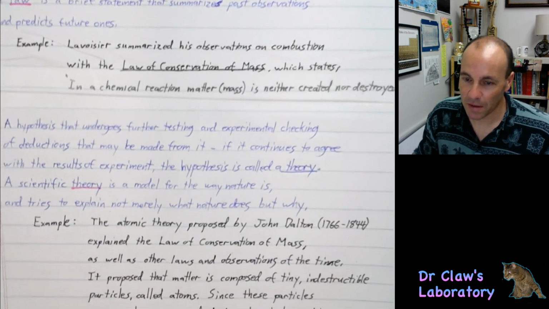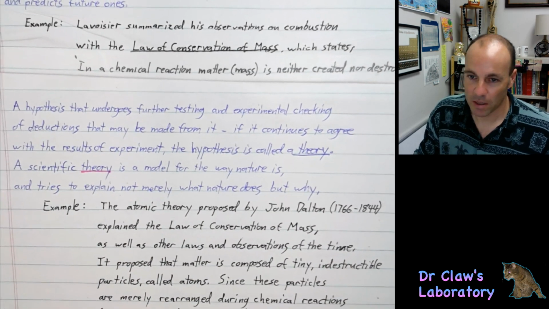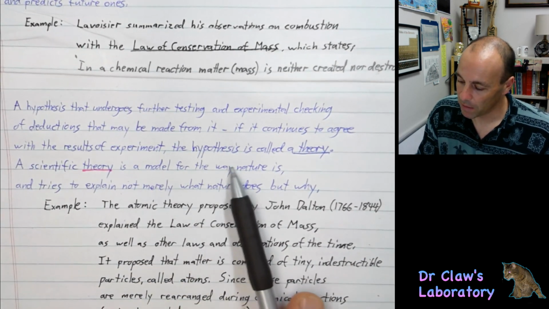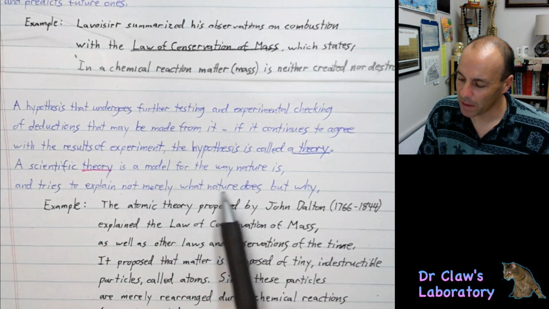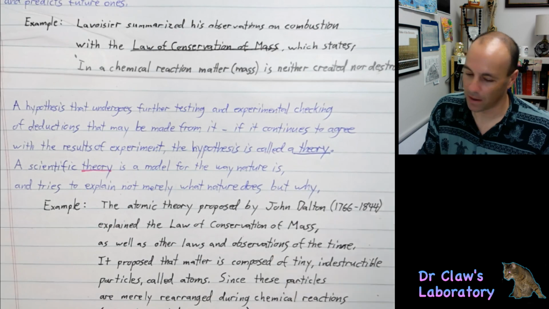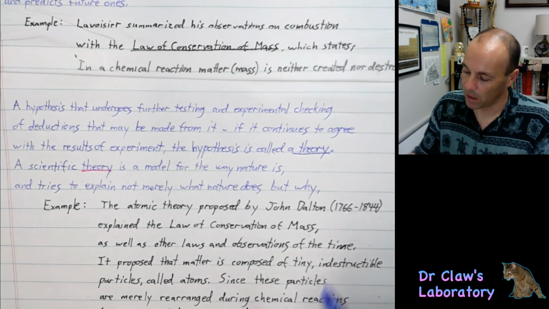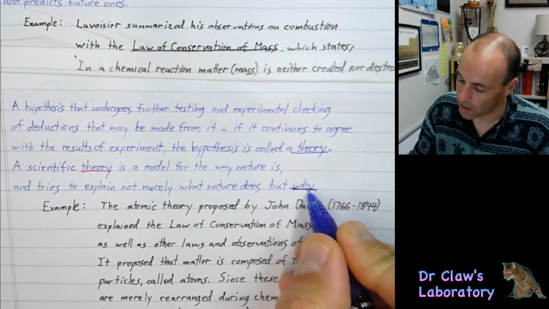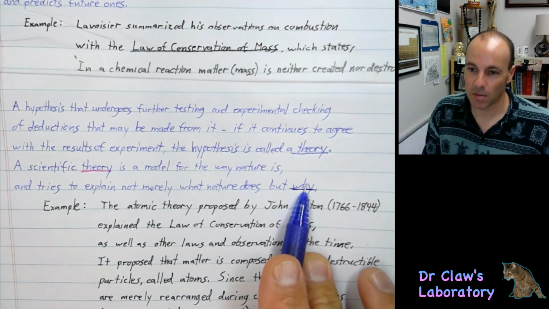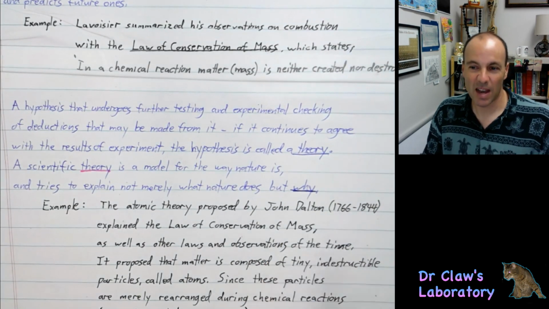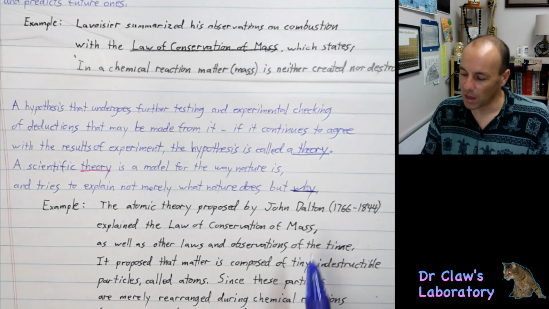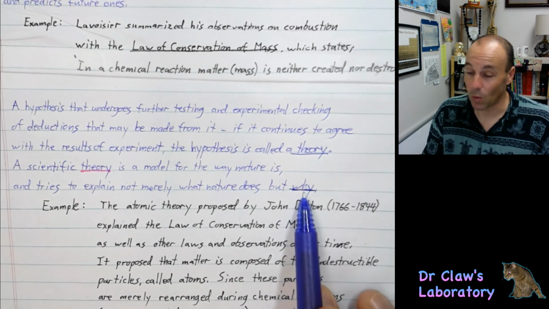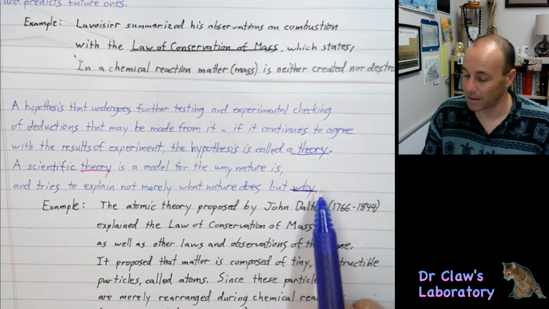So a scientific theory, in your textbook, is defined as a model for the way nature is, and it tries to explain not merely what nature does, but why. That's an important point. So a theory tries to explain why. Just like a hypothesis tries to explain why you saw an observation, a theory tries to explain why we have all these laws.